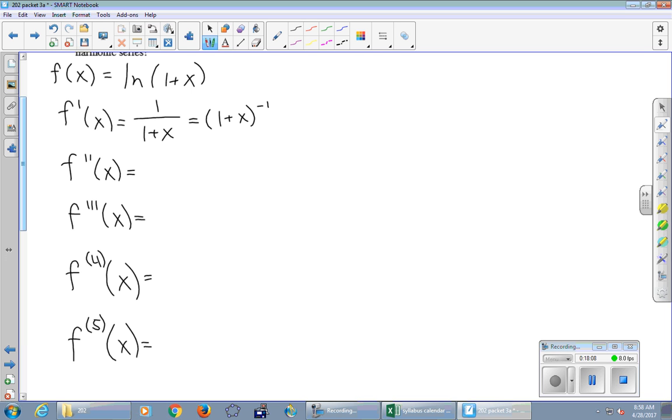Okay, so second derivative now, stuff to the -1. -1 comes down. 1 plus x to the -2. Again, times the derivative of the stuff gives you times 1. What's the next derivative? 2 times 1 plus x to the -3.